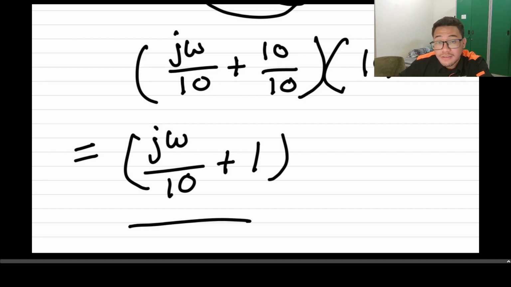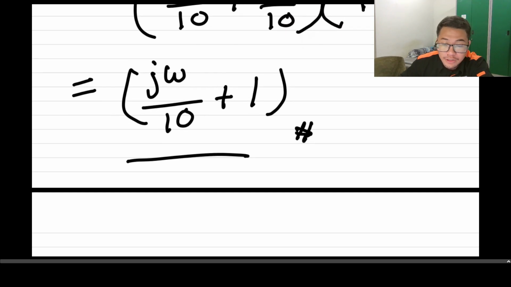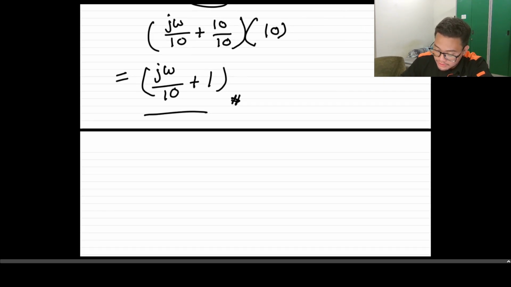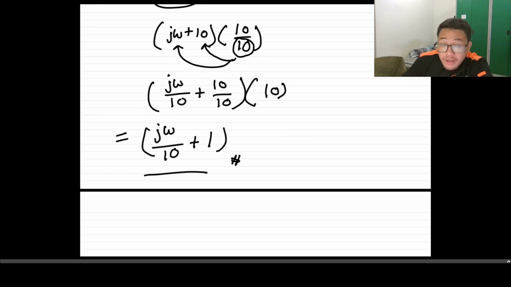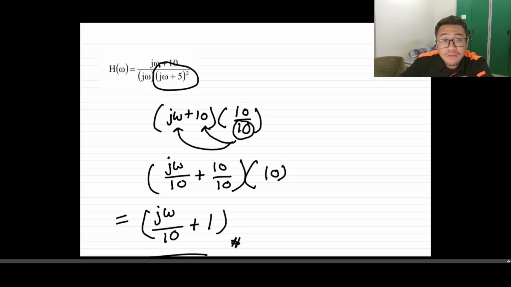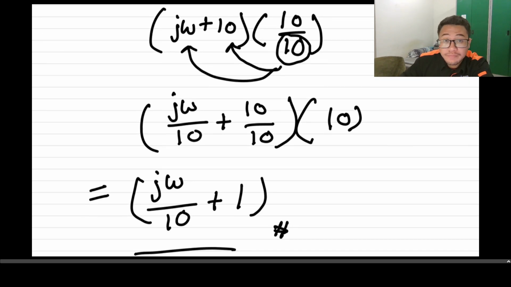Okay, first equation settled. Now we move to the second equation. The second equation is (j omega plus 5) to the power of 2. You can see I write this second equation.